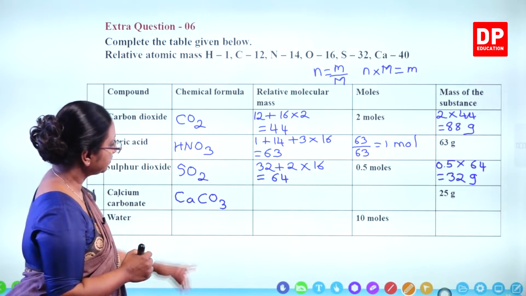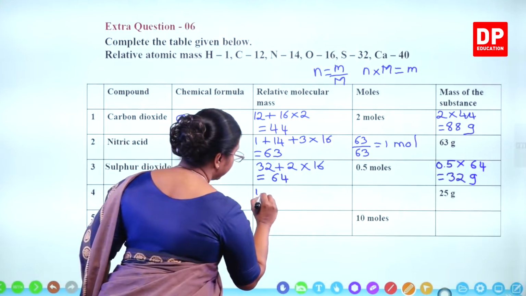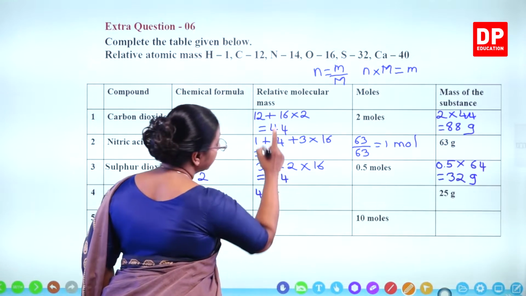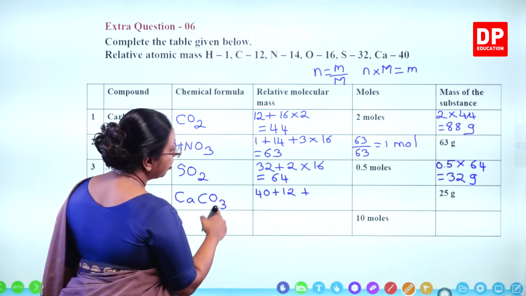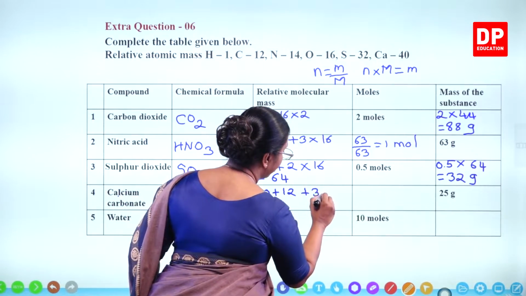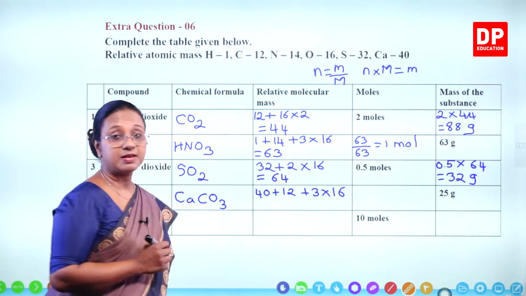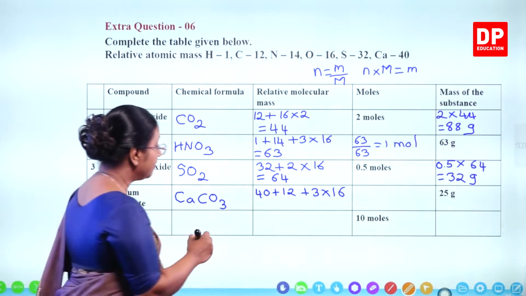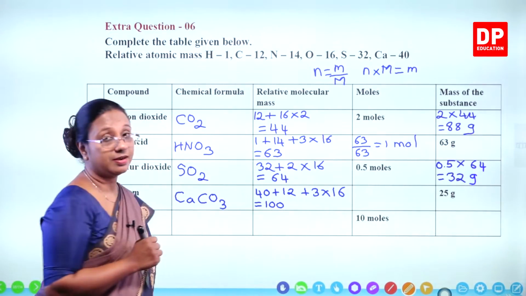CaCO3. How do we calculate the relative molecular mass? Calcium 40, carbon 12, and oxygen, there are 3 oxygens, and the relative atomic mass is 16. So when we calculate it, it will be equal to 100.